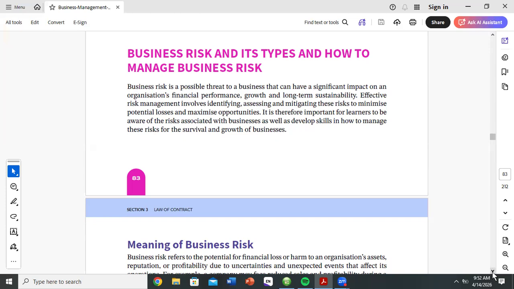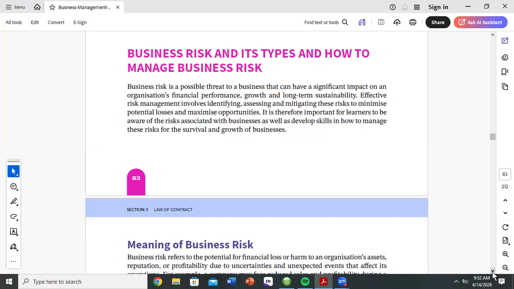A business risk is a possible threat to a business that can have a significant impact on an organization's financial performance, growth, and long-term sustainability. So this is what your manual is saying. A threat is something or an event that can cause harm or loss.